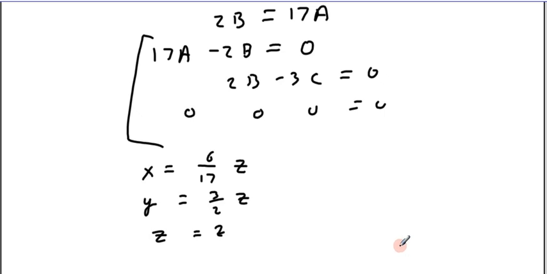So if we make a, I'm going to make a 6. A is 6. So if a is 6, 17 times 6 is how much?